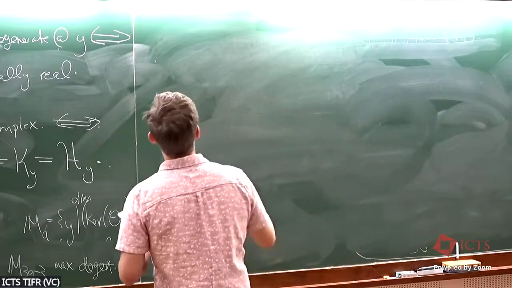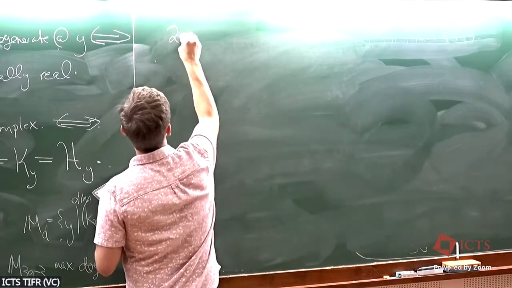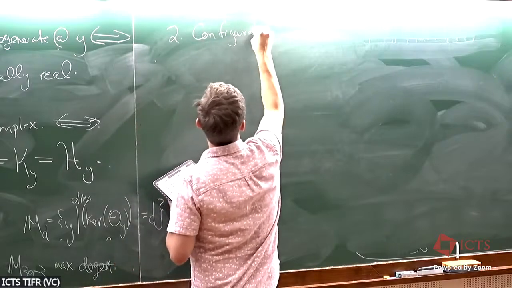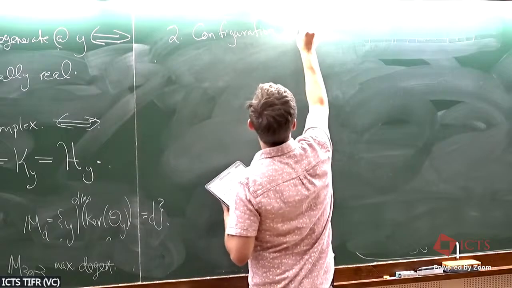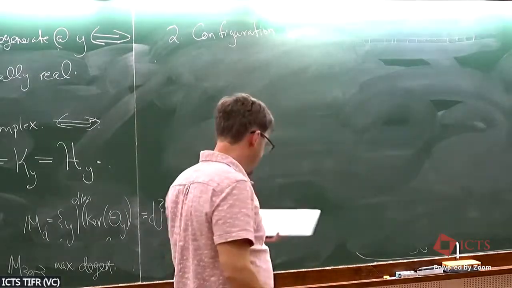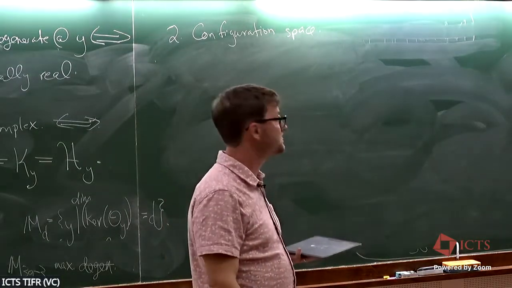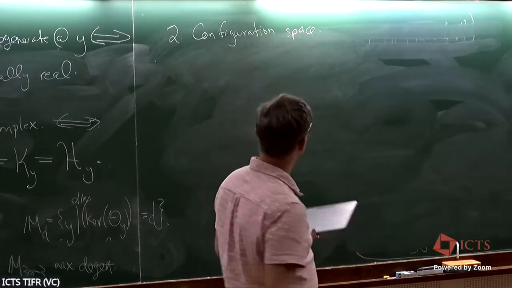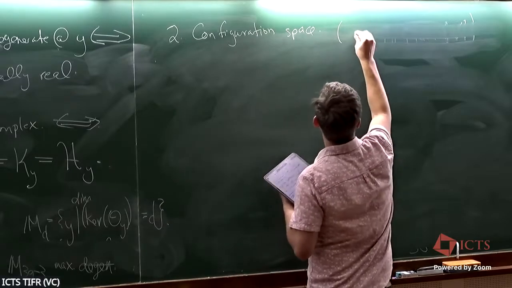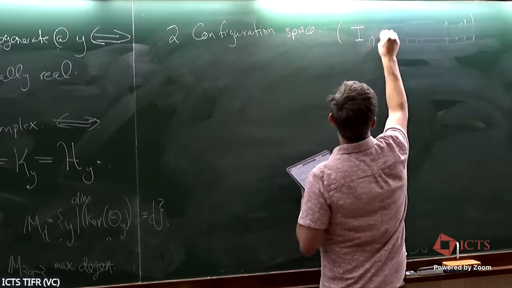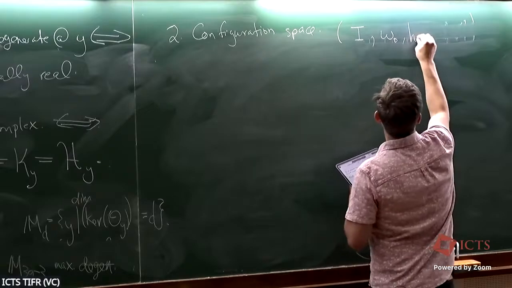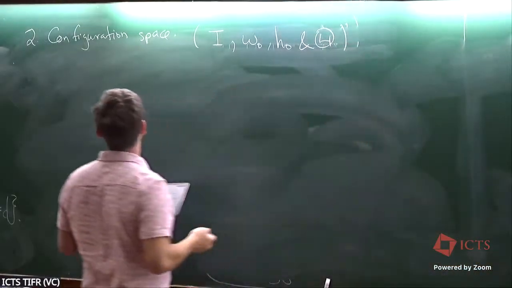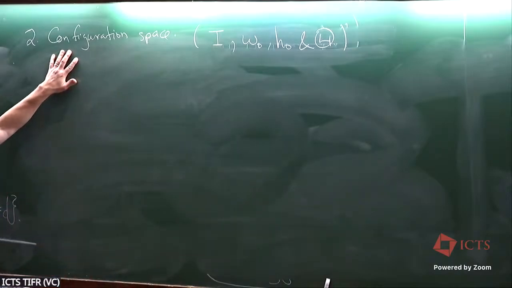Okay, great. So this is part 2 of the configuration space. One of the main things I want to convince you of, for the course at least, is how the complex structure, omega naught, H naught, and theta are defined on some infinite dimensional space.